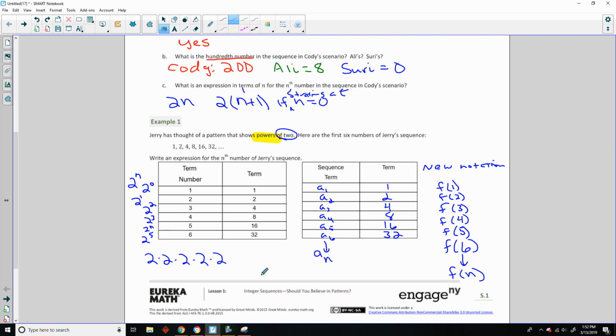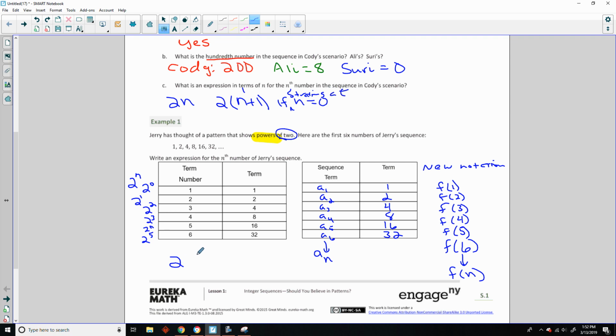So now that we've come up with this notation and we're saying it's 2 to a value, well, if our first term is 2 to the 0, then what's our rule for this function? We want to say 2 to the what?